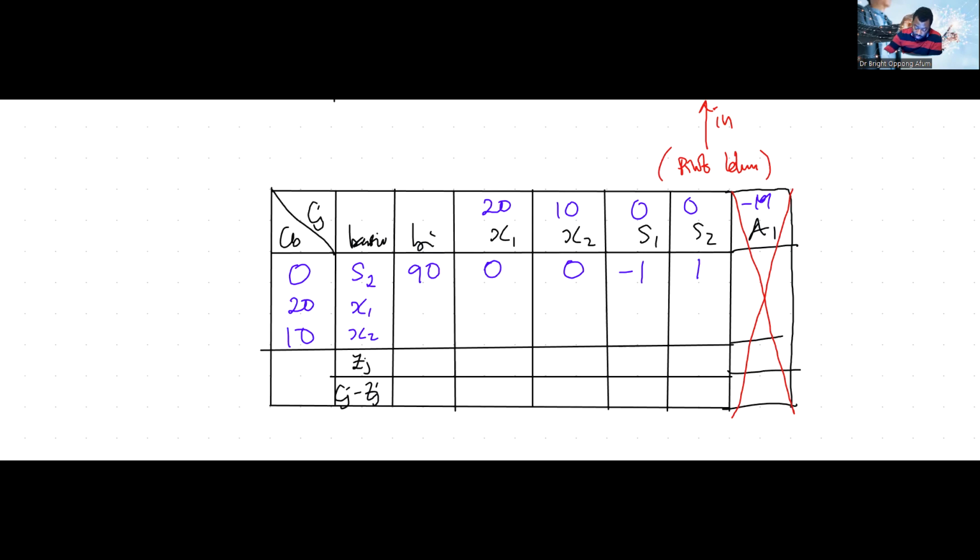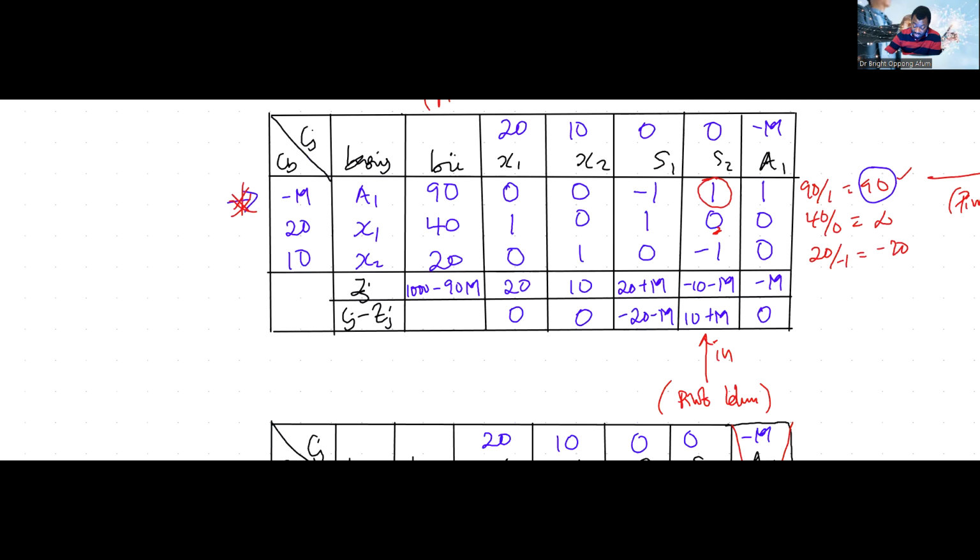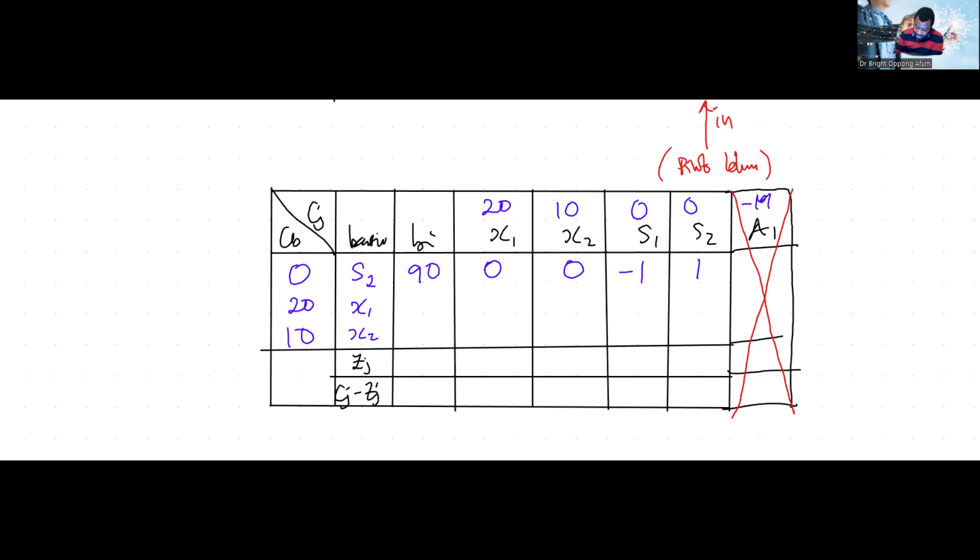So what do we do? We recalculate for x1 is 40, and remember is 0. The corresponding number here is 0, right? So we know what to do. All the numbers will stay the same. So 40, 1, 0, 1, 0, right?